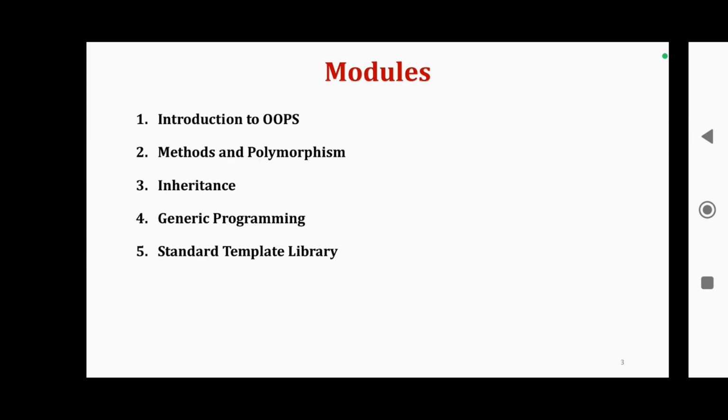The course also introduces advanced topics such as templates, exception handling, virtual functions, abstract classes, and generic programming techniques. These concepts will help you to write robust and professional quality software. In addition to programming concepts, this course emphasizes software design using UML.